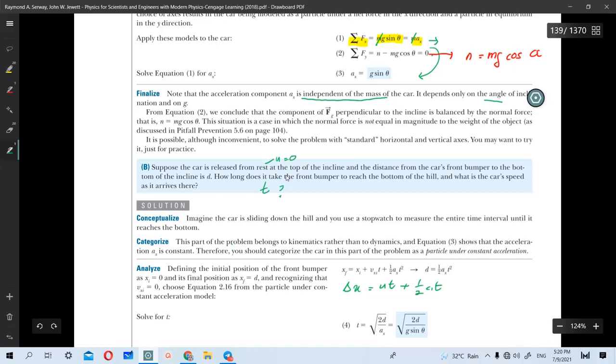This is the expression that you are going to use. However, u is 0 because it starts from rest. So as you simplify, if delta x is replaced with the symbol d as requested, you can solve and rearrange the expression into this version.